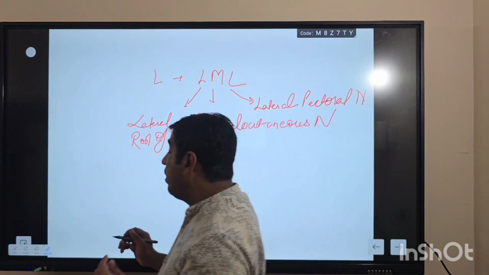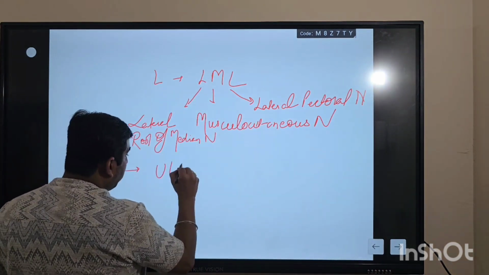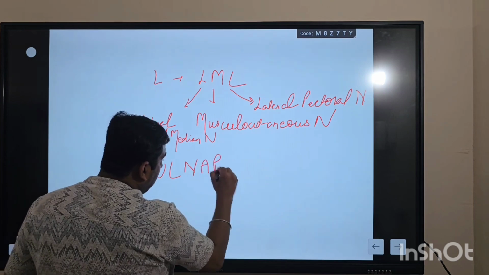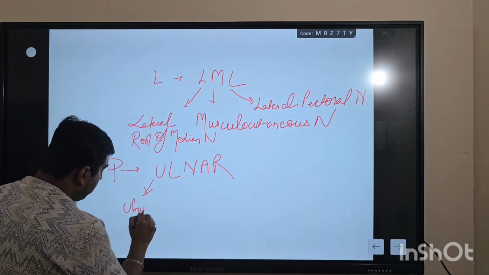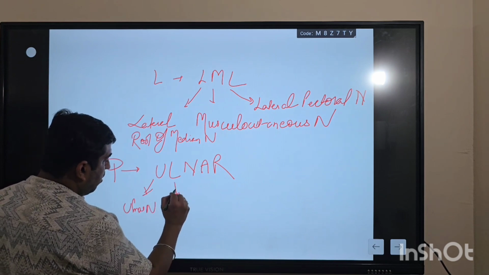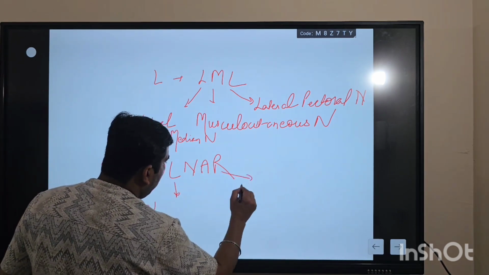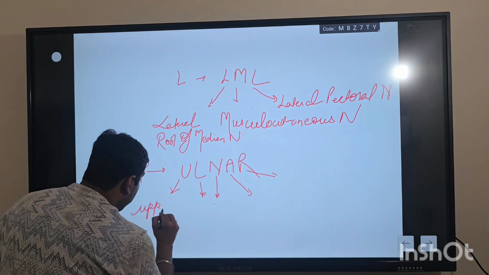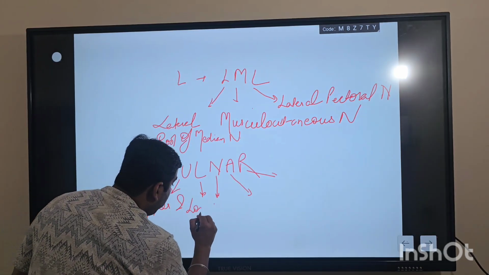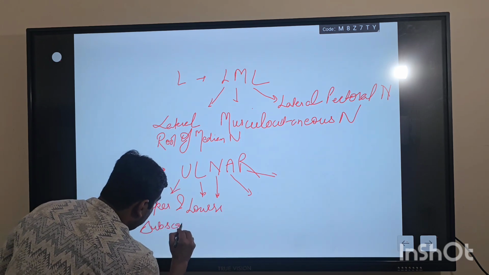Then we have the posterior cord. So the posterior cord is U, ulnar: upper subscapular, lower subscapular, and this will be the radial. We have the upper and lower subscapular nerves.